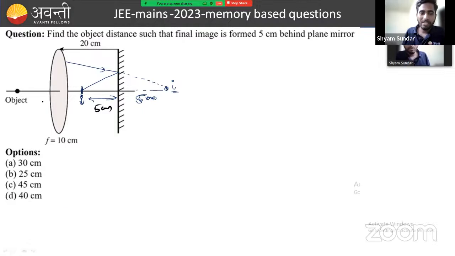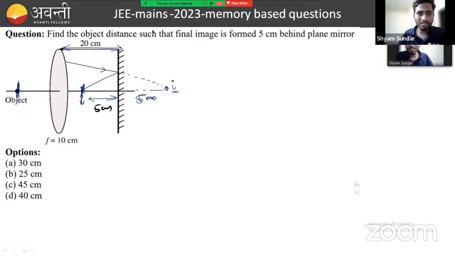Okay, now they are asking where to keep the object, the object distance. Look at here. The image is forming at 5 centimeter. Then this is 20 centimeter from the mirror to here. And they gave one more point also, the focal length.